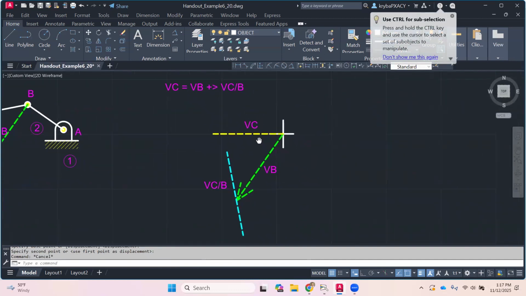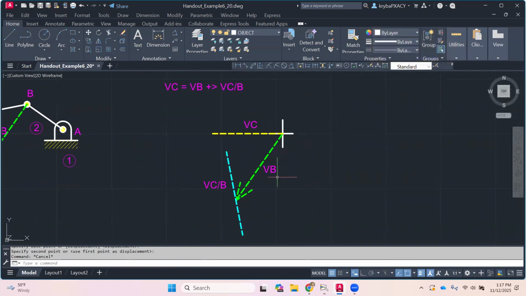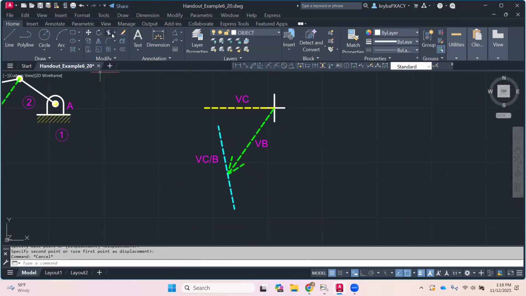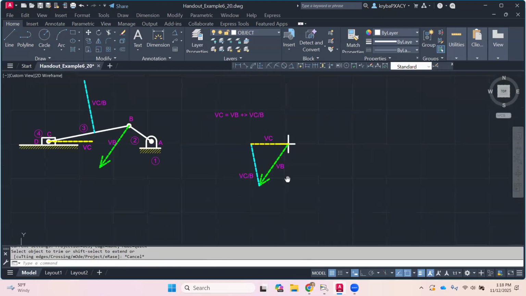And my velocity of C is going to be here. Now what I need to do is find my intersection for my unknown values. So I'm going to extend my velocity of C relative to B, and then trim off anything that extends beyond those. So I've got a triangle.